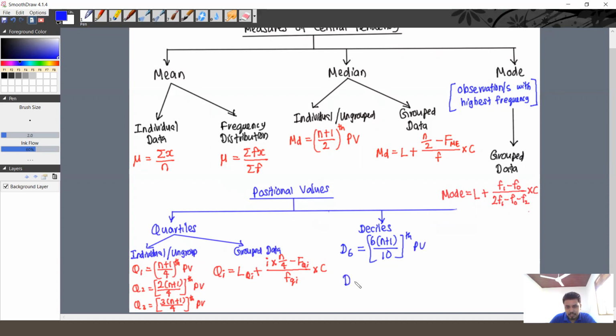If we need to find D3 value, how can we get that? 3 into n plus 1 divided by 10 positional value. මේකම තමයි 4ෙන් බෙදනවා වෙනුවට කීයෙන් බෙදනවද? 10න් බෙදනවා. Right? Because we are dividing in deciles, we are dividing our data set into 10 equal parts.